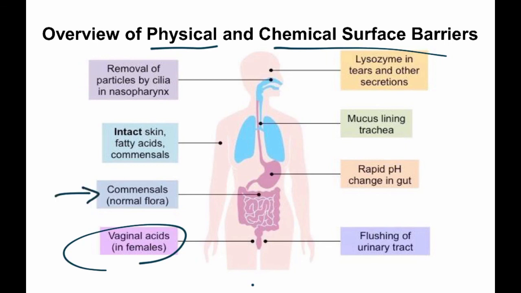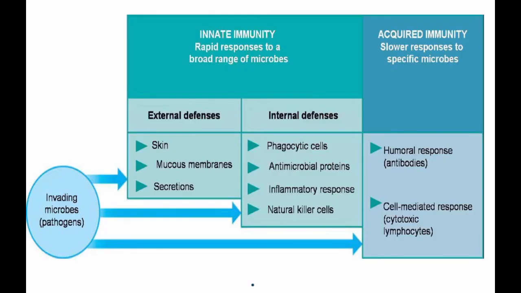Commensals, that refers to the barrier that's provided by a healthy lawn of symbiotic microbes on our skin. And then finally, just another way of organizing the information about innate and acquired immunity, showing the first, second, and third lines of defense.